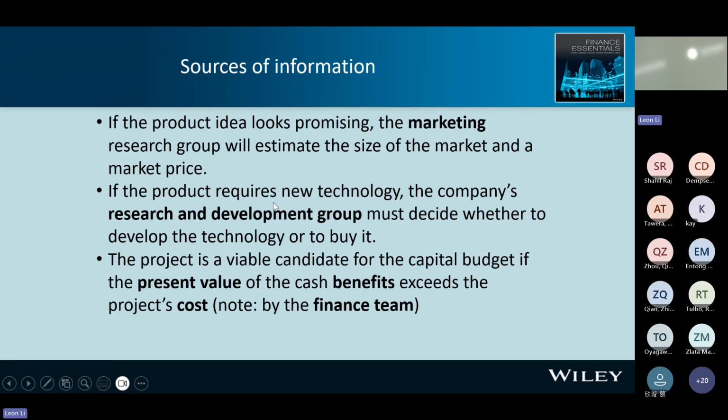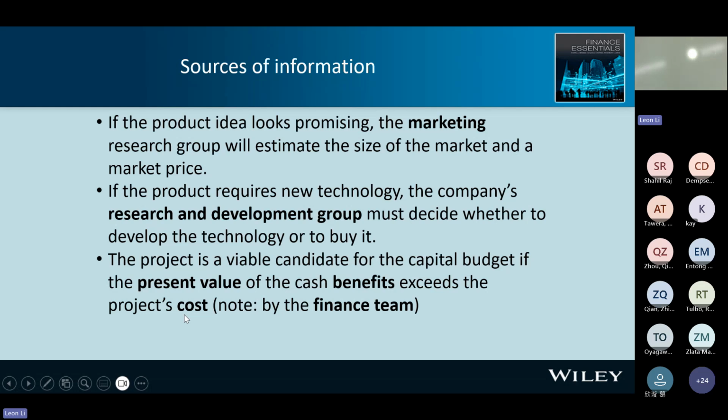If the product requires new technology, the company research and development group must decide whether to develop the technology or to buy it. Then the project is an available candidate for the capital budget if the present value of the cash benefit exceeds the project cost. So the finance team will do the present value, and the benefit minus the project cost.